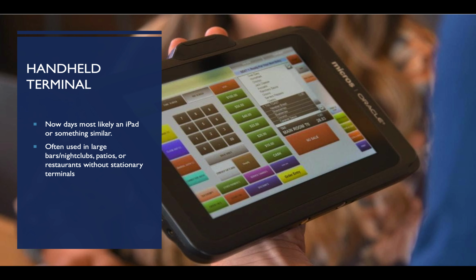So in the guest's mind, their ticket time is already running, even though maybe it took you 10 to 15 minutes to ring in the order. So if you can use one of these devices right at the table, it significantly reduces the amount of time it takes to run that process, and then you can just hit send when you're taking the last person's order and it's to the kitchen right away. So that's a real benefit there.